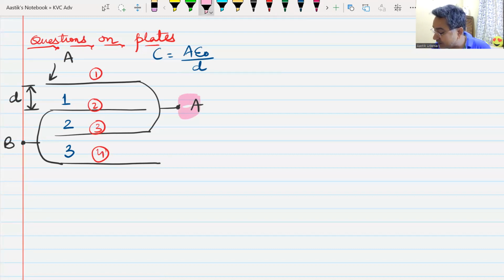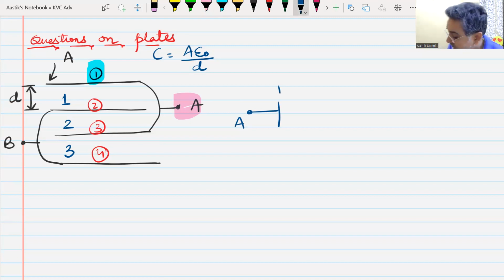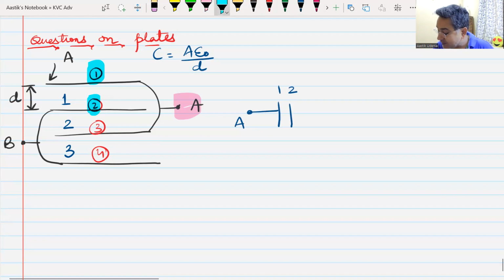Let me start with point A. Plate number 1 is connected to point A, so I make plate number 1 and connect it to point A. Plate number 1 and plate number 2 make a capacitor, which is your blue capacitor.